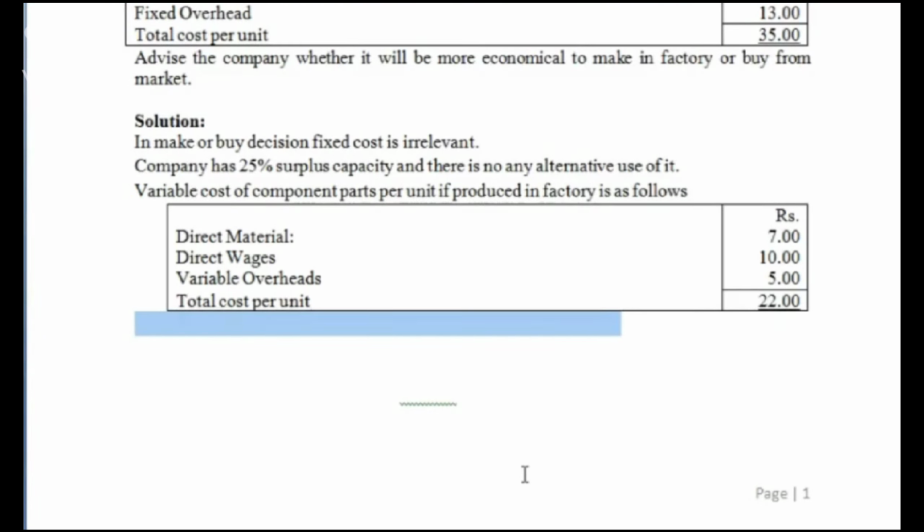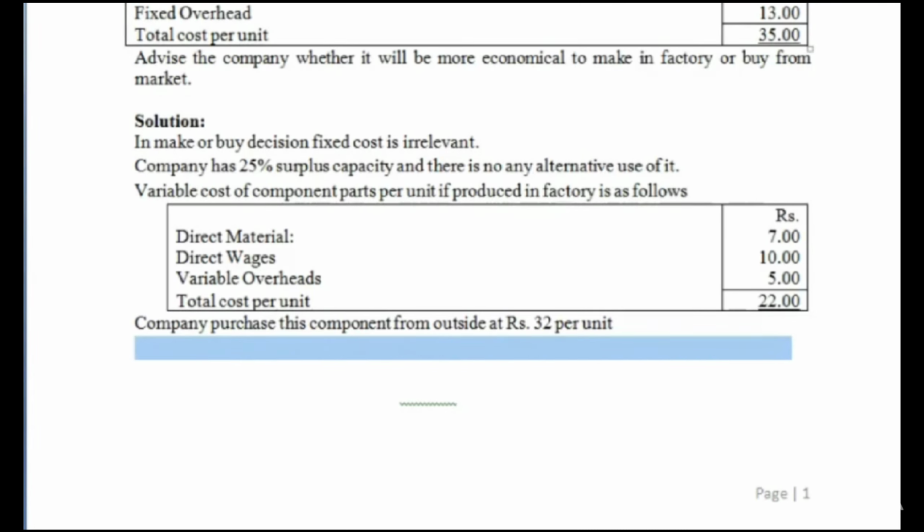Students, give me the answer speedily. You are purchasing this component part from the outside at rupees 32, or if you are manufacturing, then it is 22 rupees cost. So what is the saving per unit? It's 10, 32 minus 22.